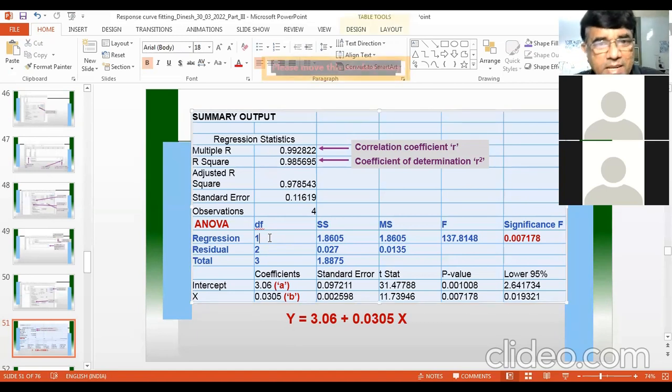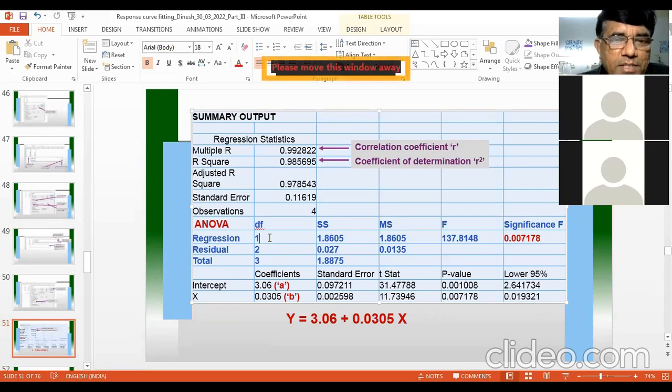When you have a linear relation, degree of freedom is 1. When you have quadratic, this is 2. And total is n minus 1. In this case, you got 4 pairs, so 4 minus 1, 3 is the total. For residual or error, it is 3 minus the regression degree of freedom, that is 3 minus 1, which gives you the degree of freedom for residual.